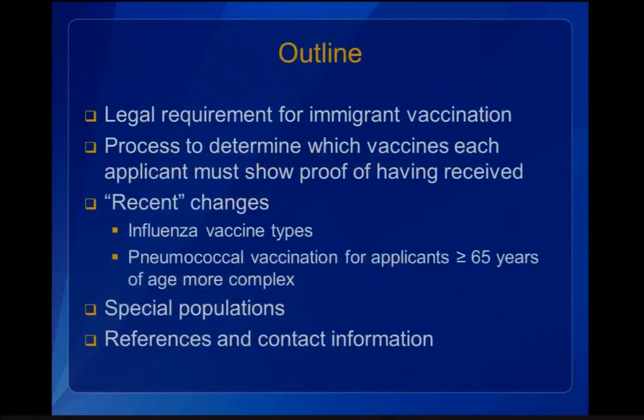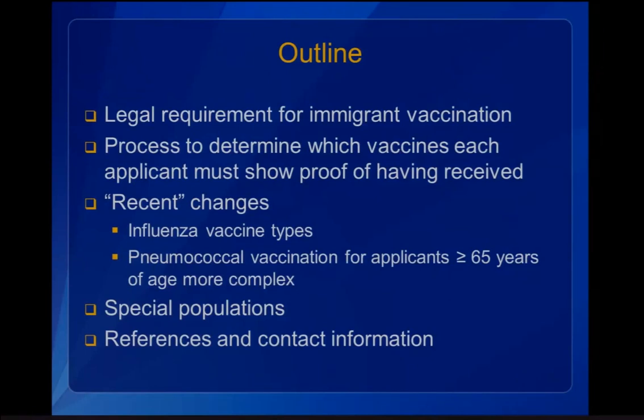And what I'll be speaking about is the legal requirement for immigrant vaccination, the process to determine which vaccines each applicant must show proof of having received, so-called recent changes, and the influenza changes as far as which type of vaccines are available is a few years old.